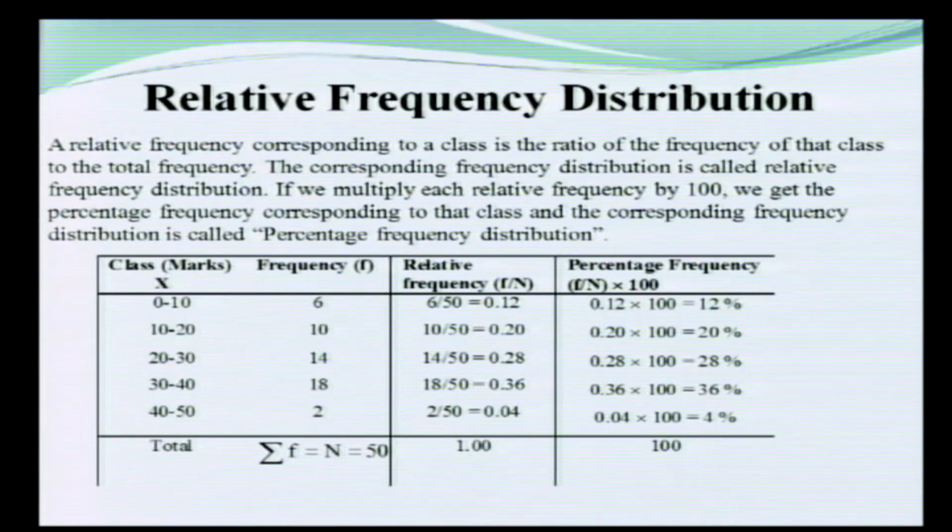So, the relative frequency for the students having marks between 0 to 10 is 6 by 50, which is 0.12. By definition, the relative frequency corresponding to a class is the ratio of the frequency of that class to the total frequency. The corresponding frequency distribution is called the relative frequency distribution.